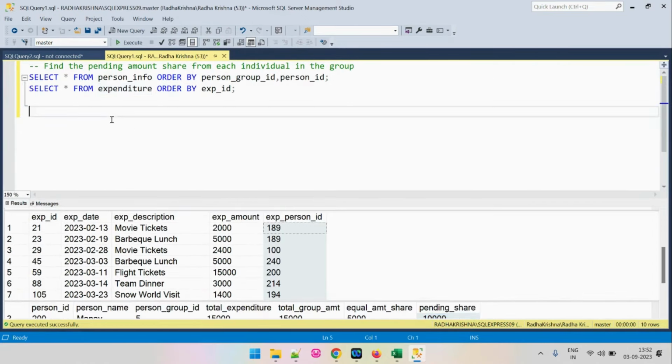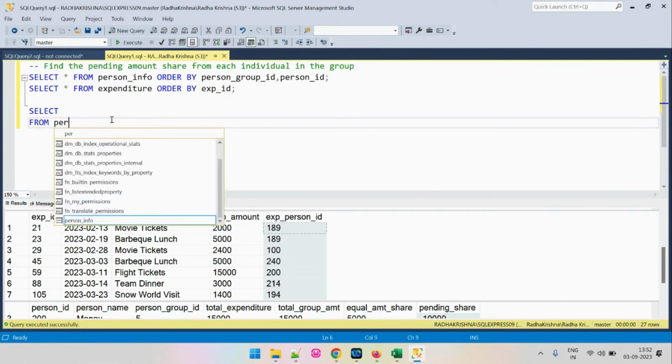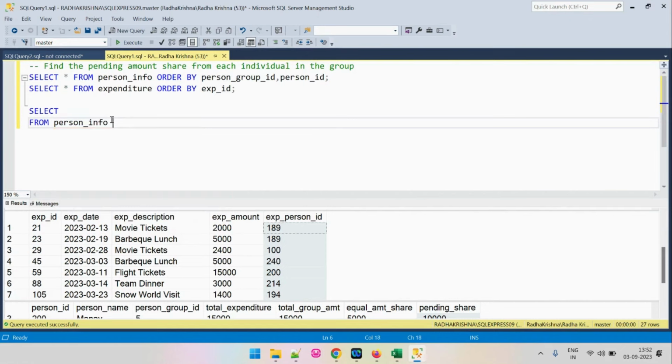What we will do is operate on the input table, that is person info. Let's give the alias P for this, and we will do a left join. What we intend to do is find out the total expenditure done by each individual, so we will do a left join with the expenditure table.